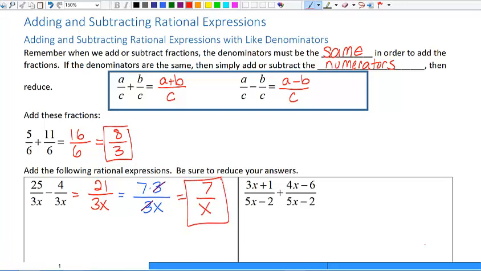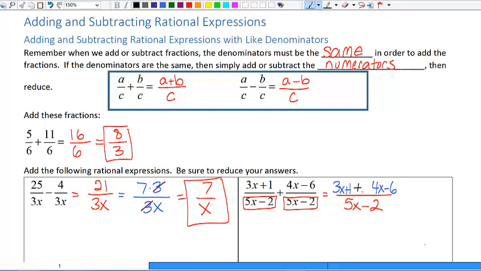On the next problem, we have more terms in the top and more terms in the bottom, but notice the entire denominator, 5x minus 2, is the same on both. That is necessary in order to add or subtract. So once it's the same, it just stays the same. In the numerator, I have 3x plus 1, and I'm adding that to 4x minus 6.